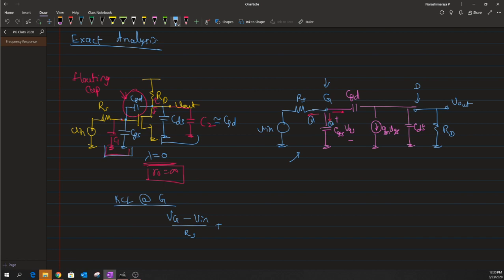To write the second current component, I multiply the gate potential with the impedance posed by this capacitor, and we know that the impedance is nothing but 1 by sCGS. That is the impedance posed by this gate capacitor.